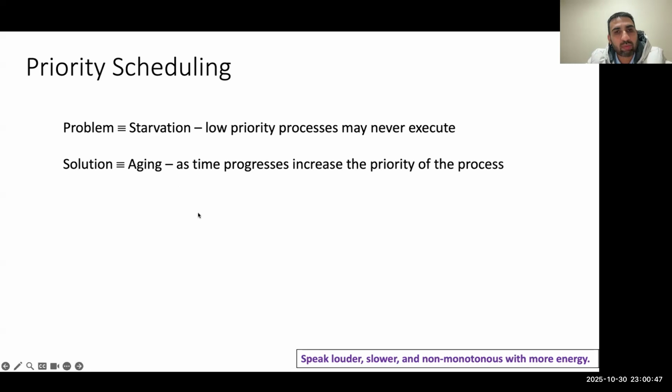Let's say you have 100 processes which are ready, and out of those, 90 have the higher priority. Let's say you have only two priority levels, 1 and 2, and the higher the number, the higher the priority. So 90 processes have priority number 2, and 10 processes have priority number 1.